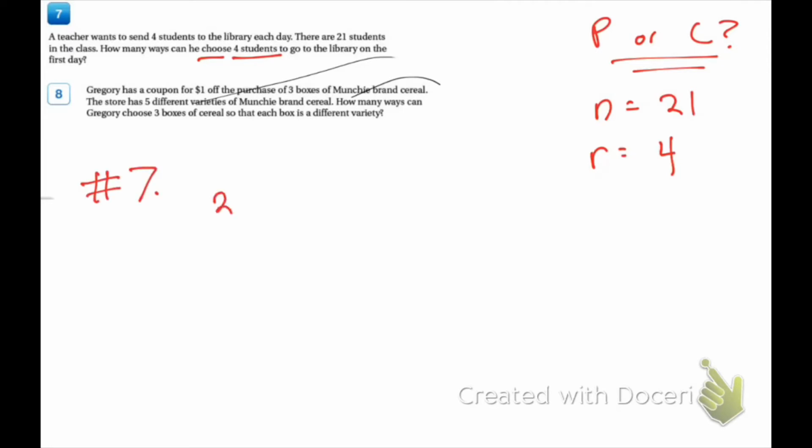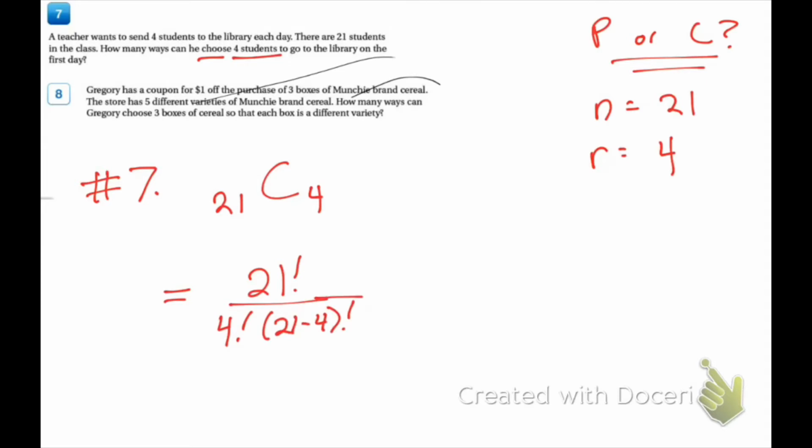So our combination is 21C4, which, remember, the formula for the combination is 21 factorial divided by 4 factorial times 21 minus 4 factorial. So that's going to give you, I'll show you guys how to do this one.